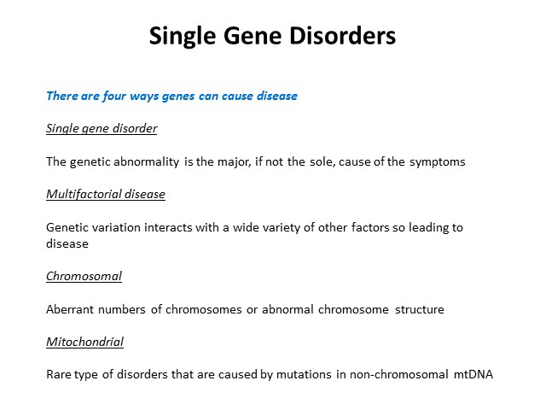So let's start then by considering the four main ways in which genes can actually give rise to human disease. The topic of this lecture is single gene disorders. So in single gene disorders, the mutation in that particular gene is more or less the sole cause of the symptoms.